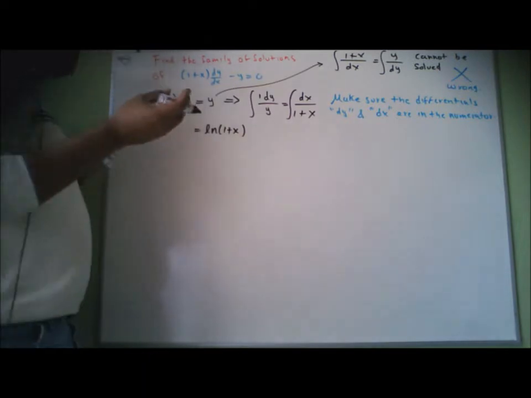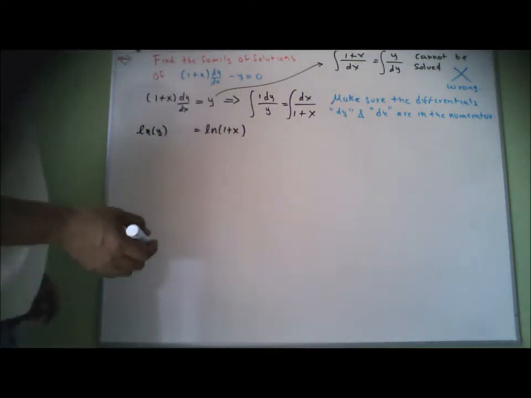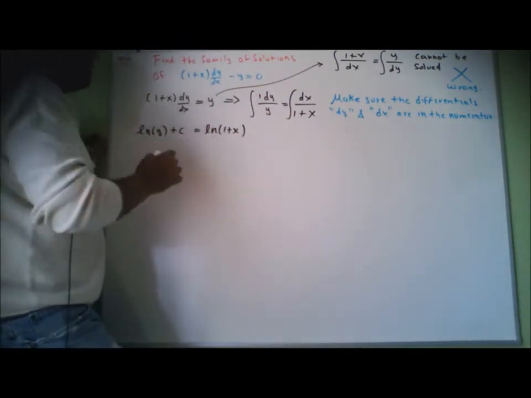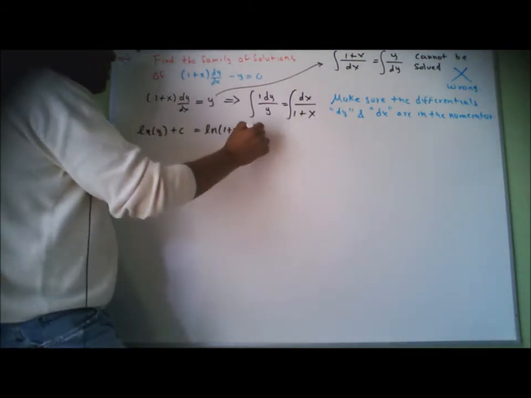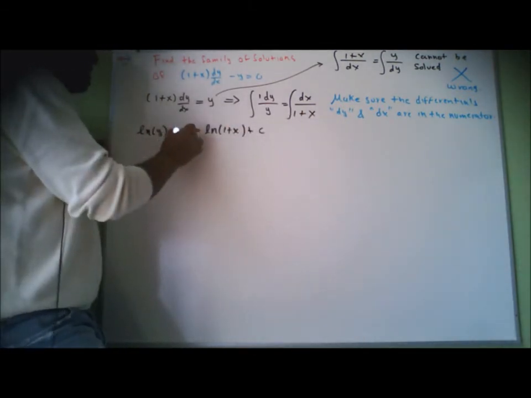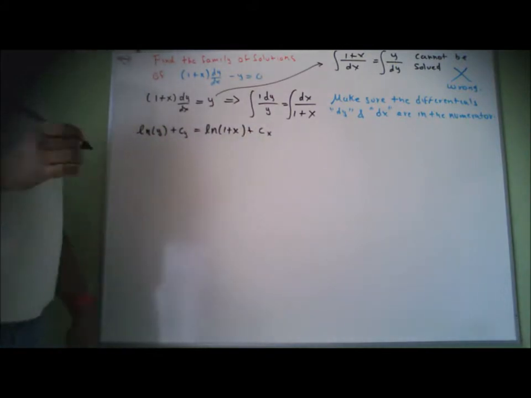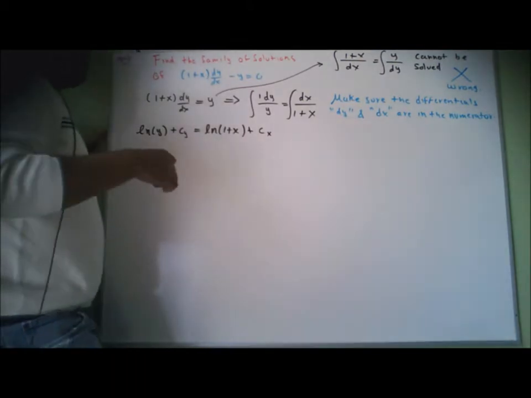Now, every time you take an integral, you have to add a constant. Because on the left you have an integral, you have to add a constant. On the right you also have an integral, so you have to add another constant. This is the constant of the y integral, and this is the constant of the x integral, right? Now you have two constants, but in reality you have only one.